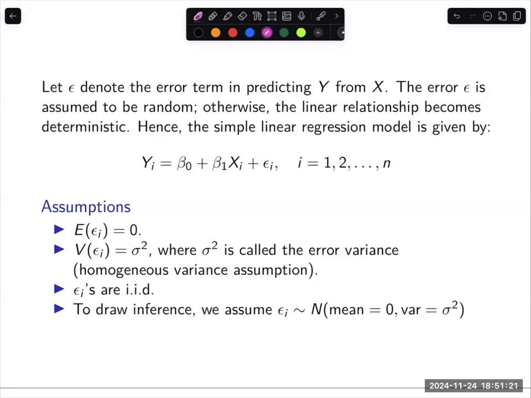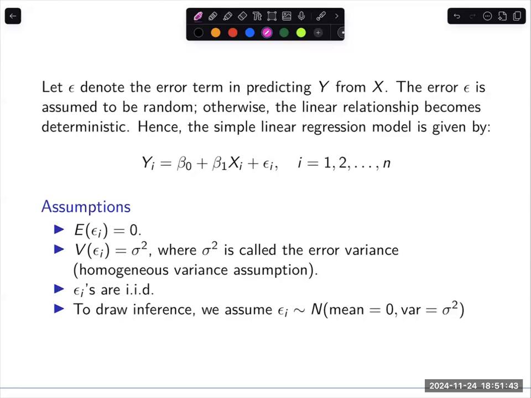Since the random error is introduced, the model can be rewritten as yi equals beta 0 plus beta 1 xi plus epsilon i. Here, i is the index for the observation, representing the first, second, until the nth observation.